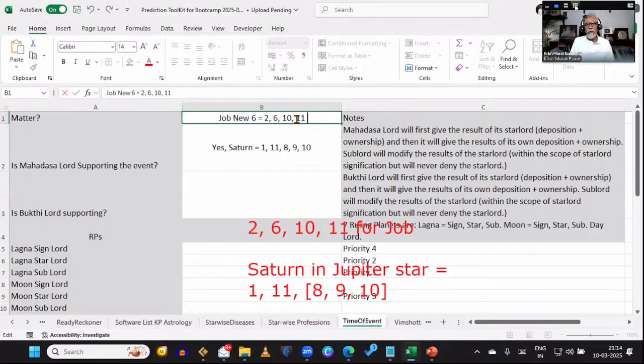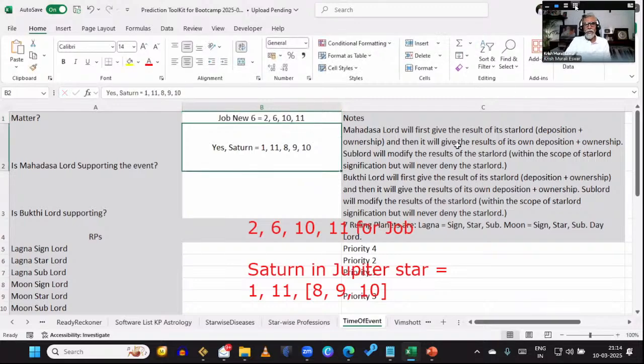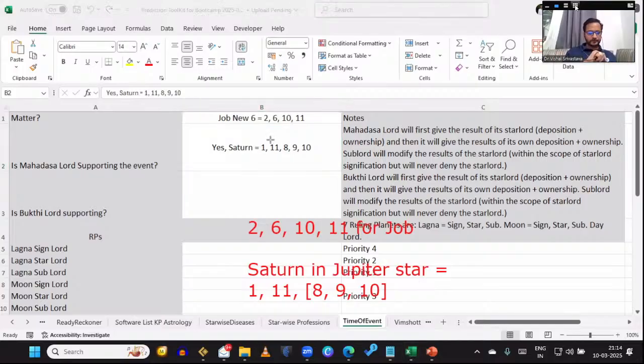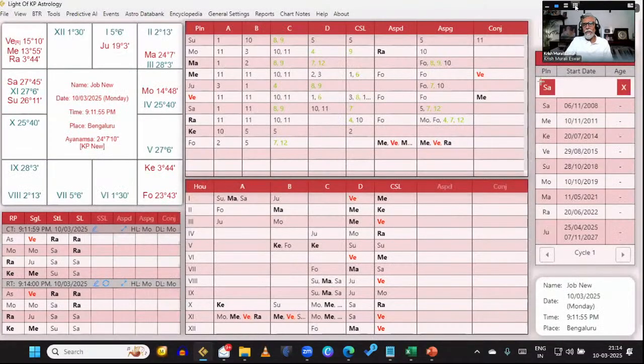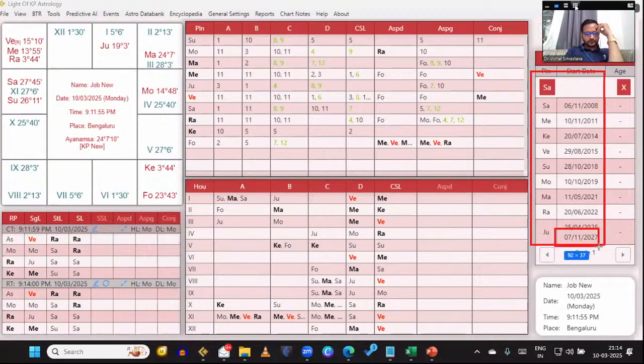This is the rule for a new job: 2, 6, 10, 11. So we are seeing the 11th house, and the 10th house activated by Saturn. Therefore, Saturn will support. The current running Mahadasa is Saturn in the horary Prashna chart. This will run till 7th of November 2027. Clear? Absolutely clear, 100%, sir.